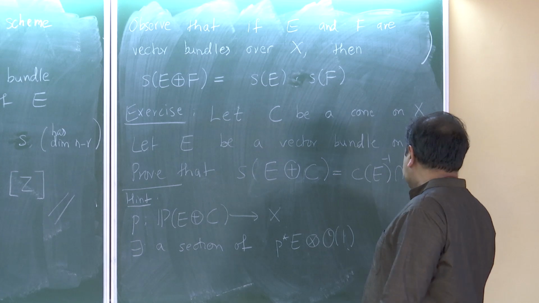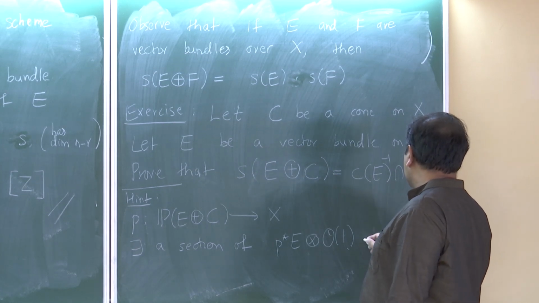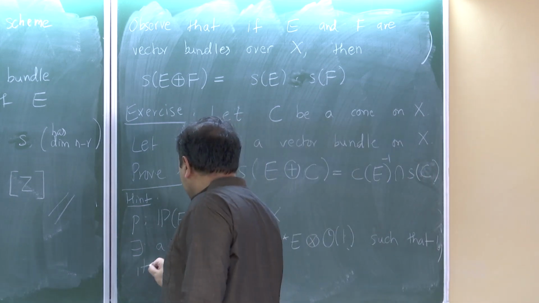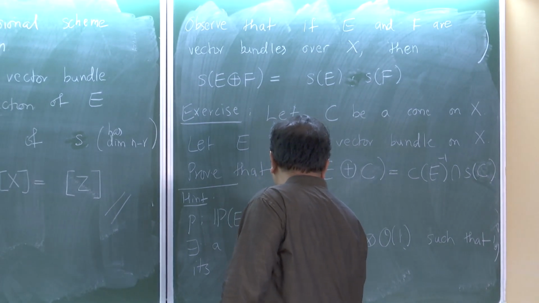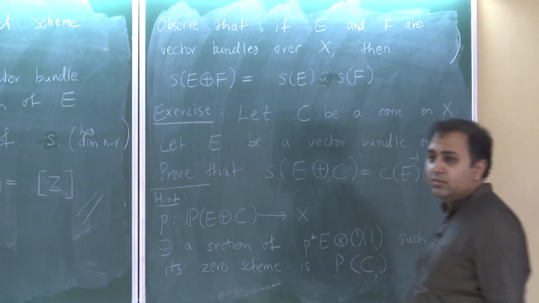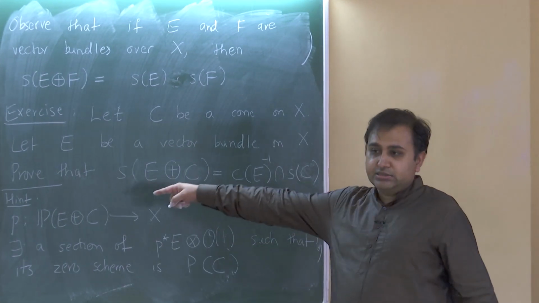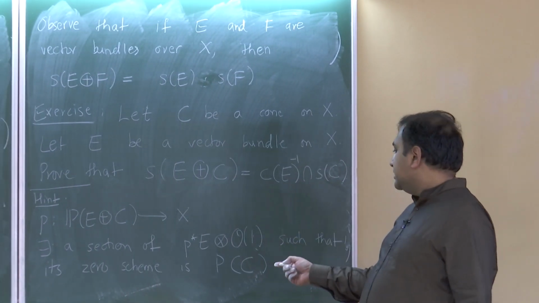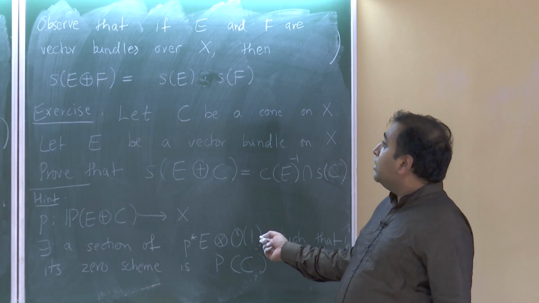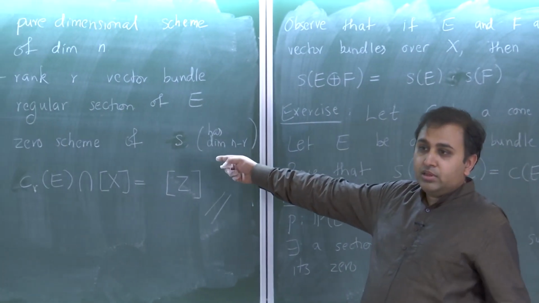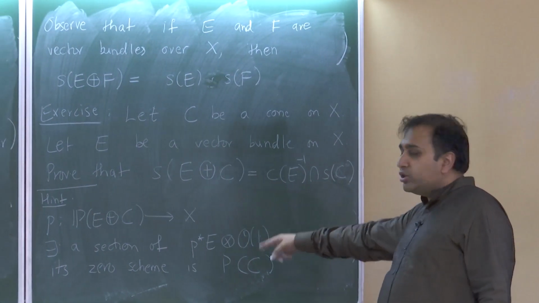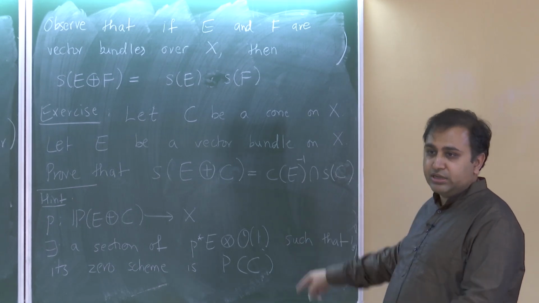There exists a section of this such that its zero scheme is P C. So now P C sits inside this as a closed subscheme. The point is that you can actually cut it out as the section of this vector bundle, and now you use this exercise. Then the whole thing just falls into place. After that, the calculation is very simple. But this is what you need to understand, and this is basically a geometric insight.